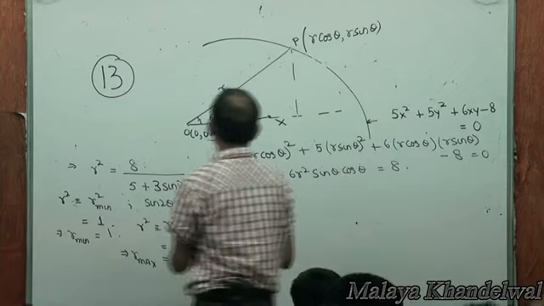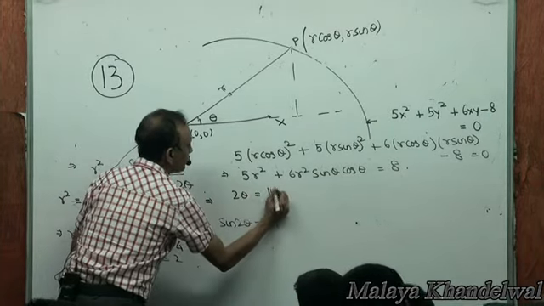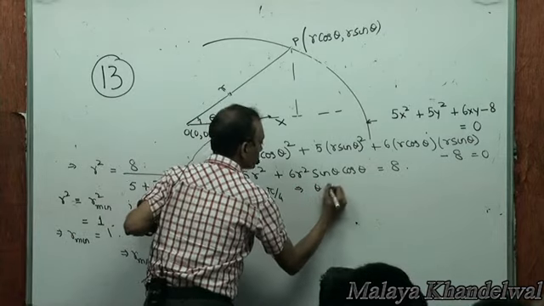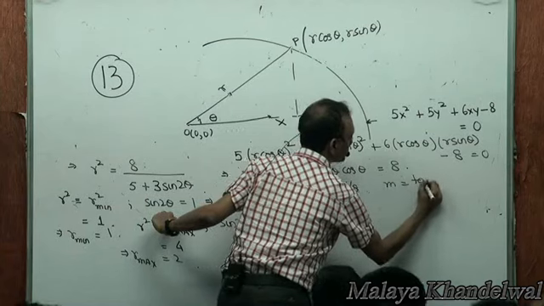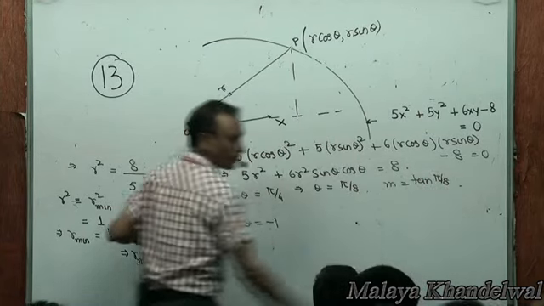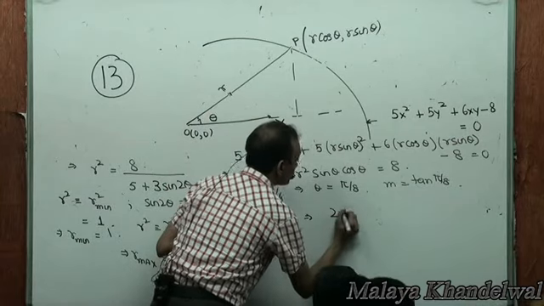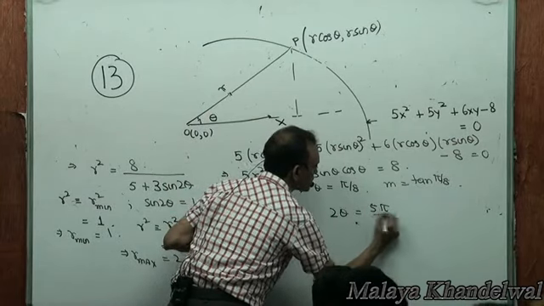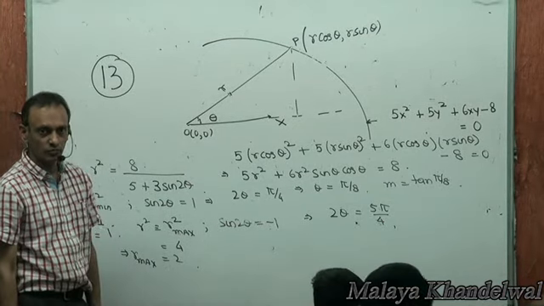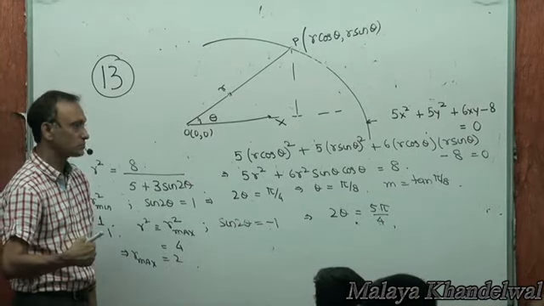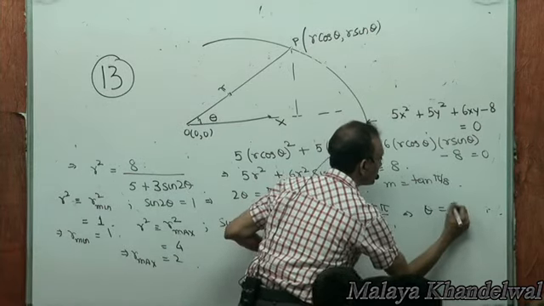And the corresponding slope of the line would be, if sin 2 theta is 1, 2 theta is pi by 4, or theta would be pi by 8, slope would be tan pi by 8, right? And if sin 2 theta is minus 1, then 2 theta would be 5 pi by 4, one of the possibilities, third quadrant, or theta would be 5 pi by 8.